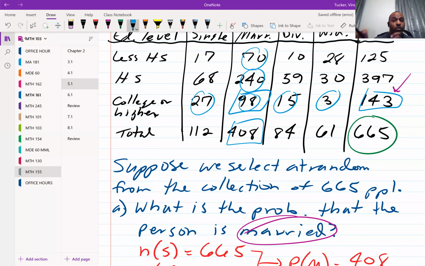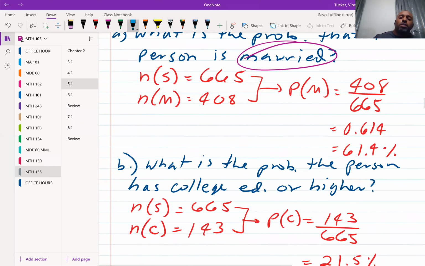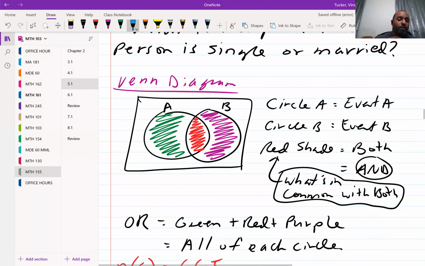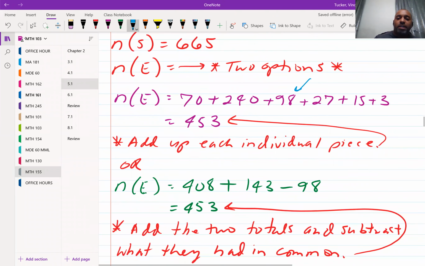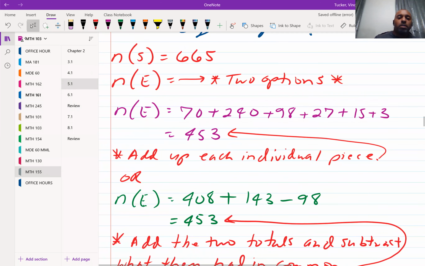Because remember, if you're looking at those totals, you counted 98 twice, because 98 is a part of this 143 and it's a part of this 408. So you just have to account for whenever you have something in common, to either not count it twice like we did here in this one, or subtract it after you added those totals together. So those are two ways you can get your event number.